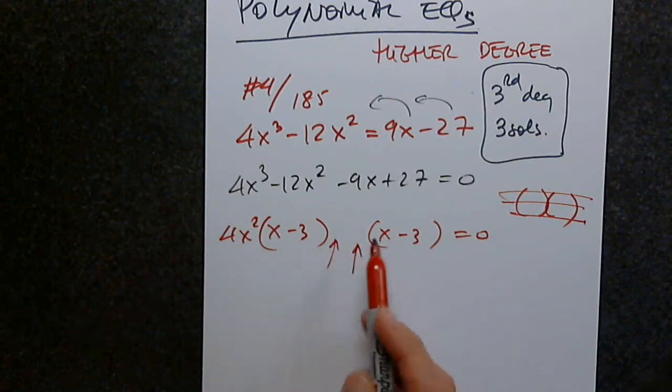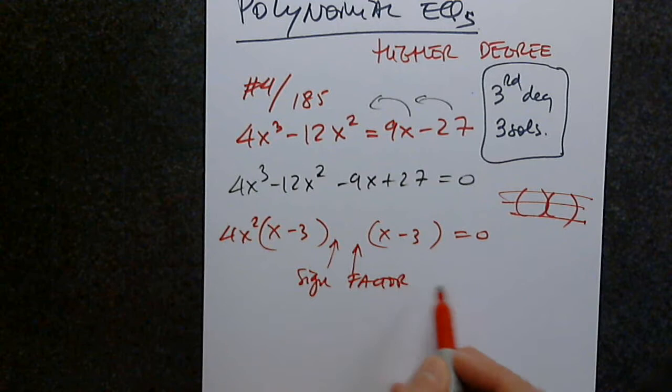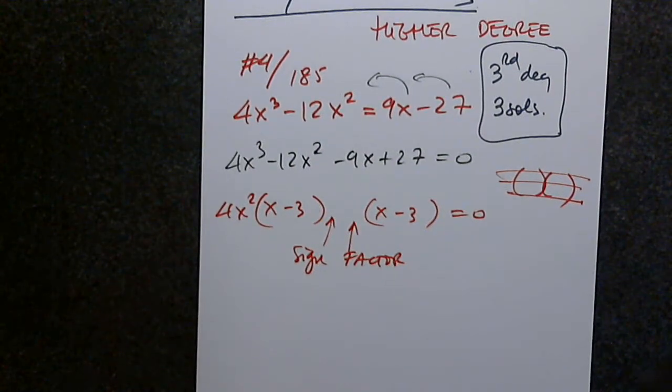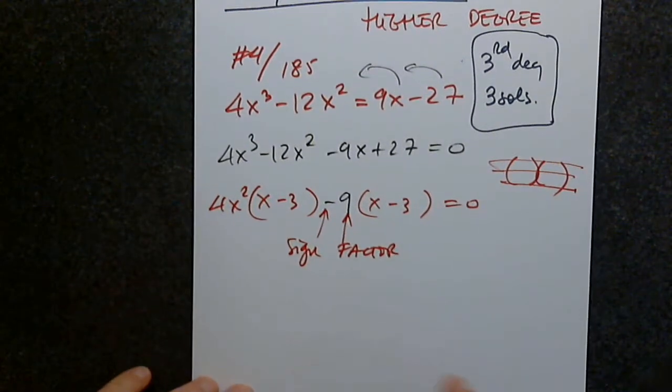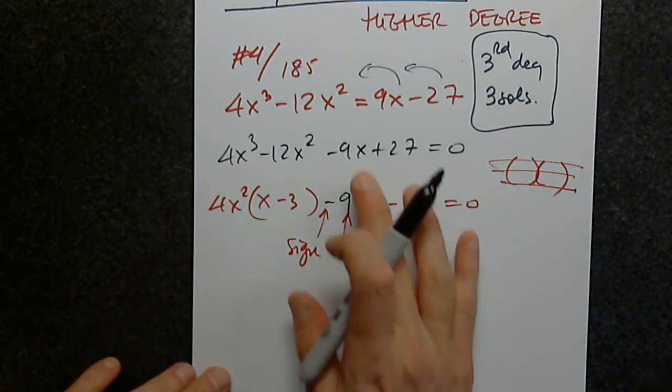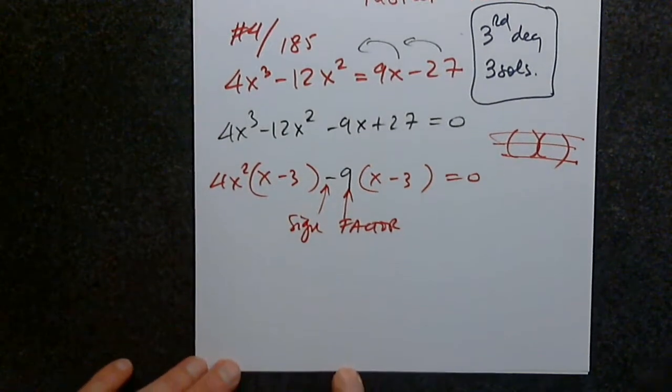Notice that I left space for sign and factor. So what is the sign and what is the factor there? Do you all agree with negative 9? You can check very easily. Negative 9 times x is negative 9x. Negative 9 times negative 3 is positive 27.